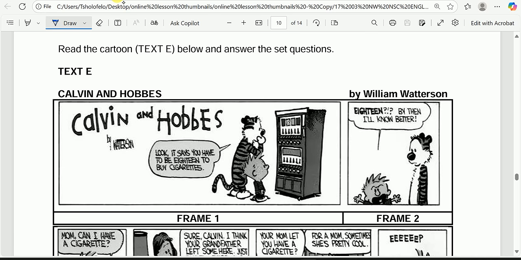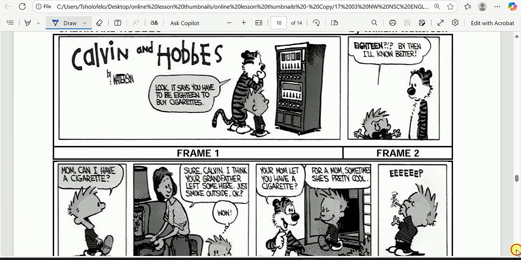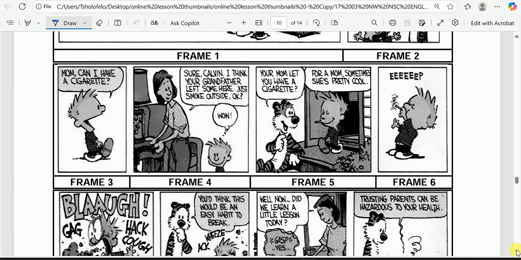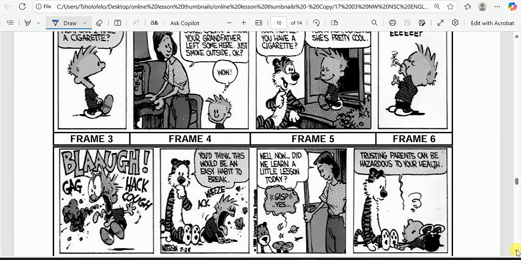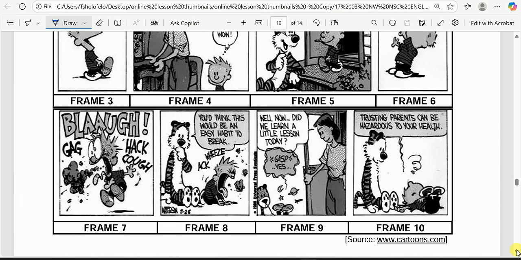We have Calvin and Hobbes by William Watterson. In the first, we have frame 1, frame 2, and then it goes to frame 3, frame 4, frame 5, 6, 7, 8, 9, 10. So we've got quite a number of frames.